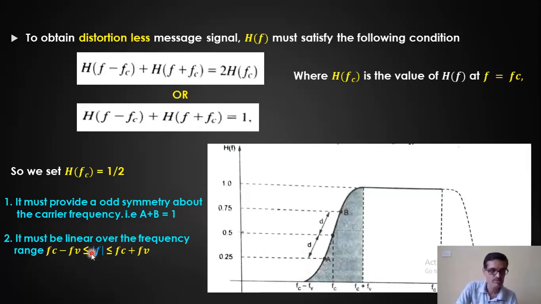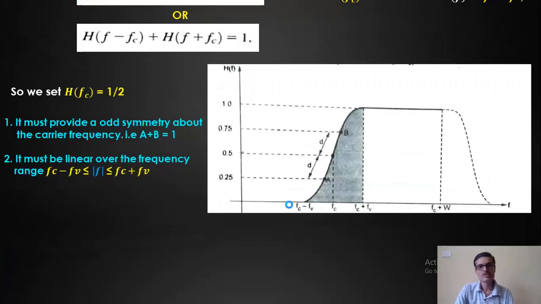One more condition is that it must be linear over the frequency range of fc minus fv to fc plus fv. The frequency response of the filter should be linearly changing between these frequencies, and you should maintain an odd symmetry between the points A and B. That is, A plus B should be equal to 1. In that case, the distortion will be less.